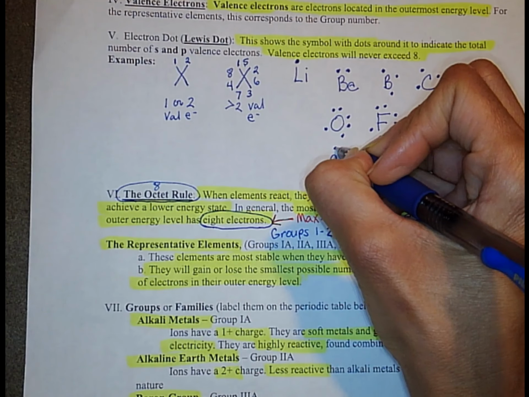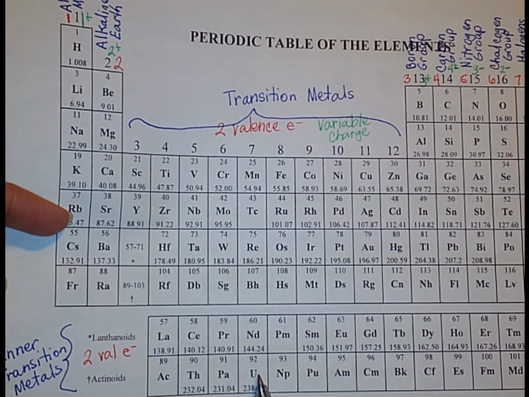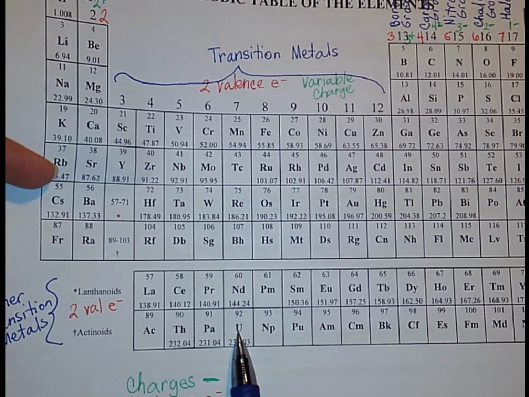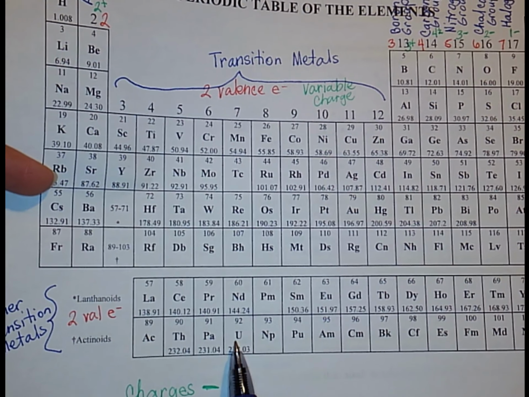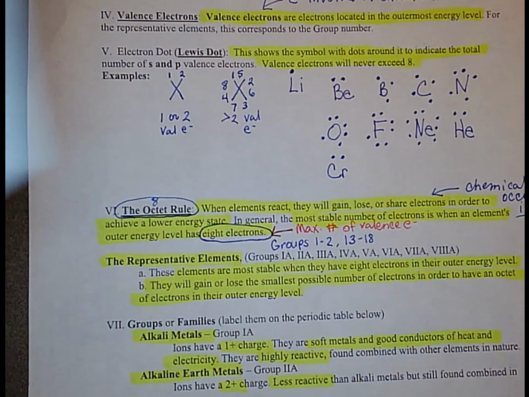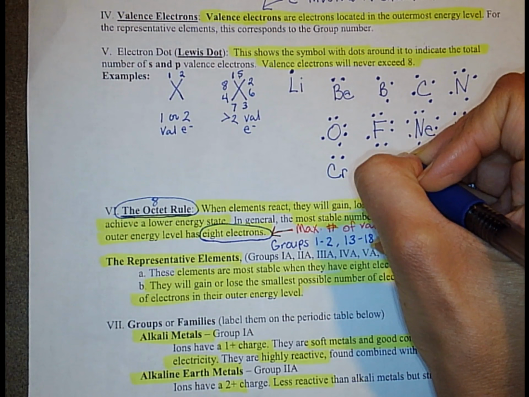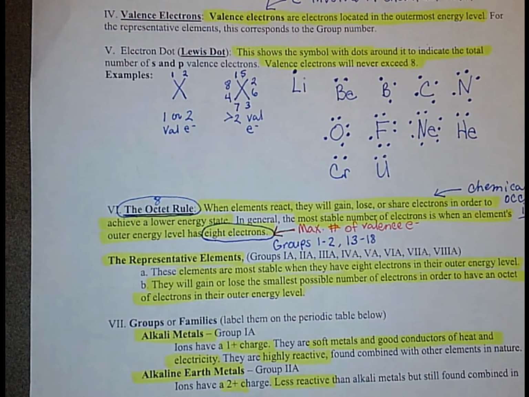That means it has 2 valence electrons, and that would be 1, 2. You can do the same thing. You just learned about nuclear energy, so let's do uranium. Uranium is an actinide, and it has 2 valence electrons. So uranium, 1, 2.